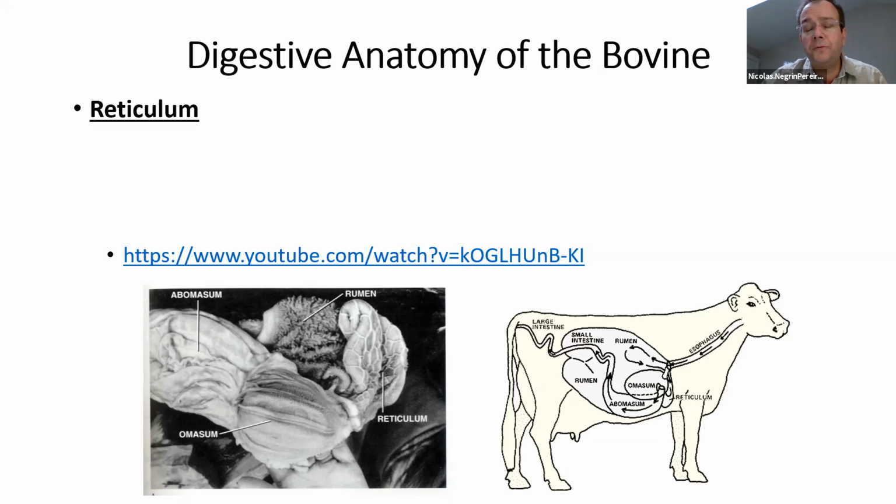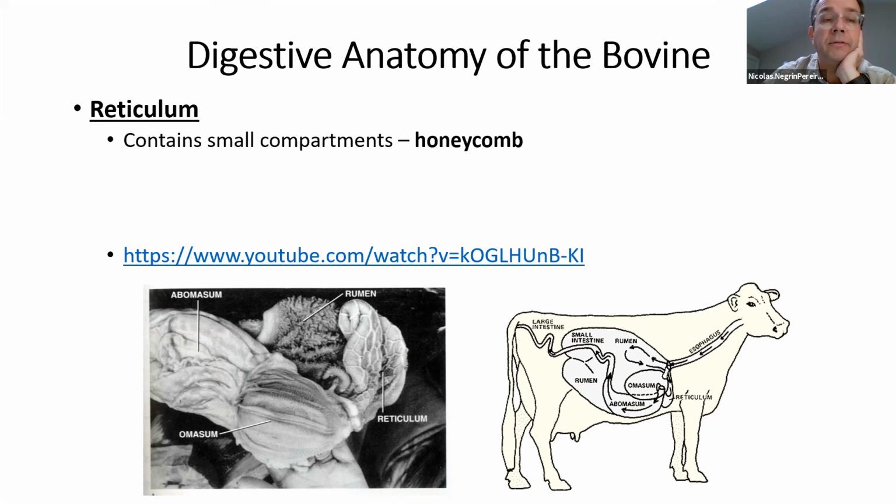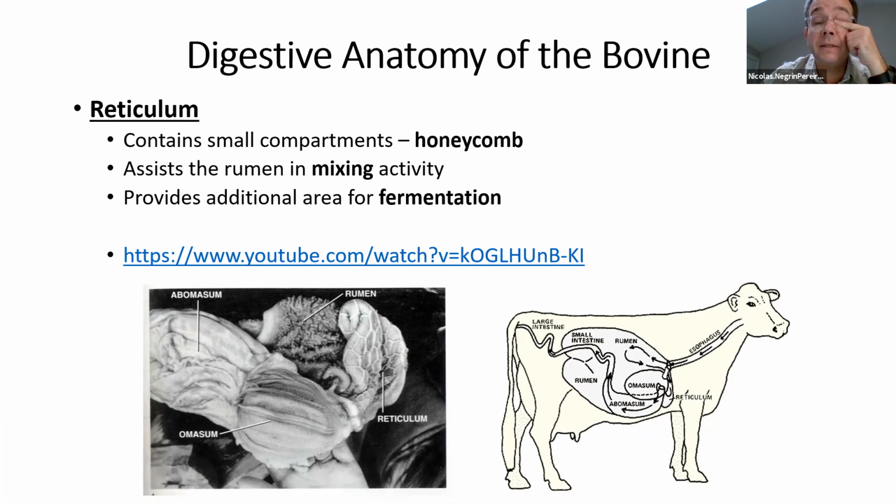So after the esophagus, the first compartment we will find is actually the reticulum, which again is formed by this honeycomb pattern, resembling small compartments, which is important for grinding. It is also important during the regurgitation process in the animal, assists the rumen in mixing activity, and provides an additional area for fermentation.